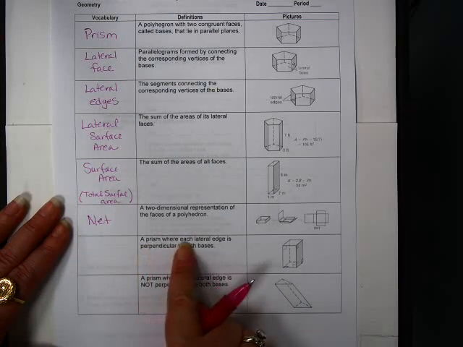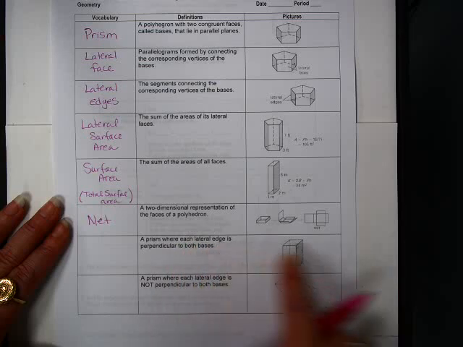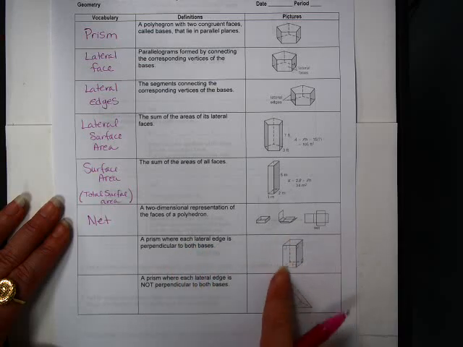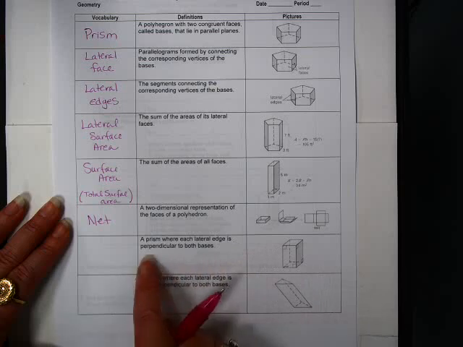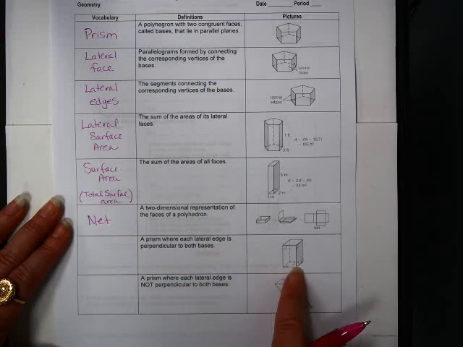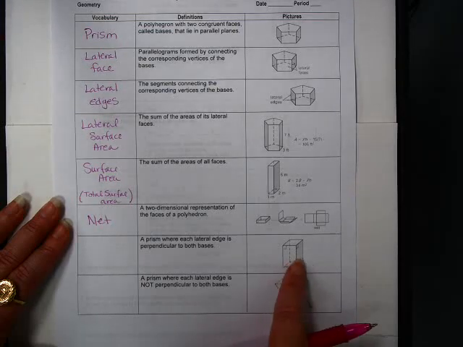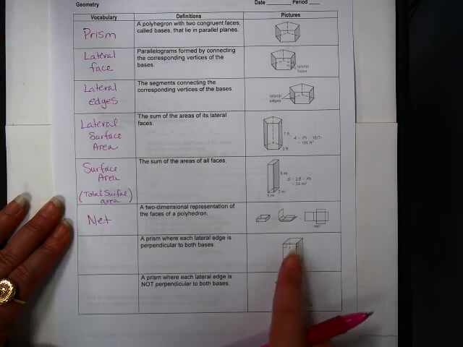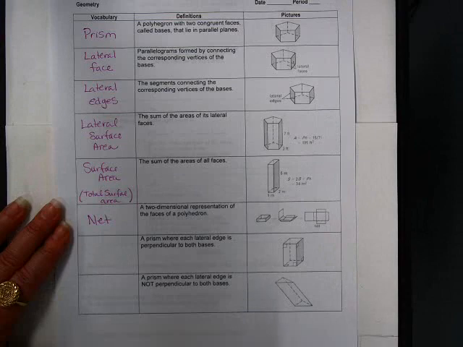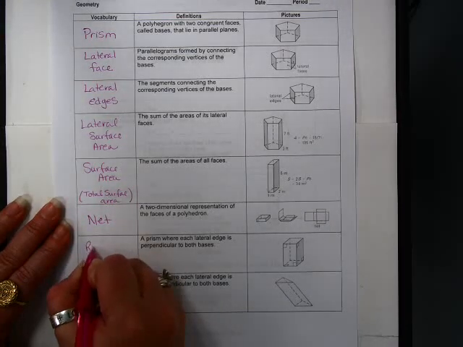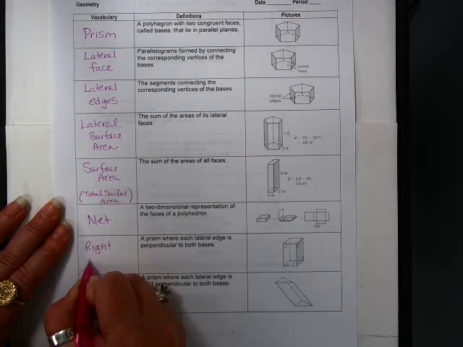A prism where each lateral edge, so each one that goes around, the front, the back, and the sides, is perpendicular to both bases. That's what all these right angle marks are. When each one of those faces is perpendicular to the top and the bottom, we call that a right prism.